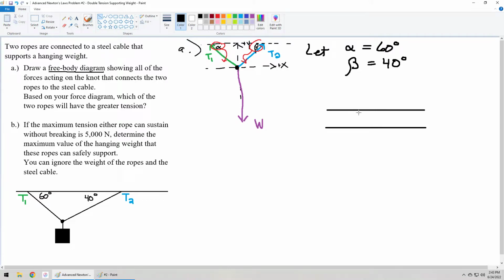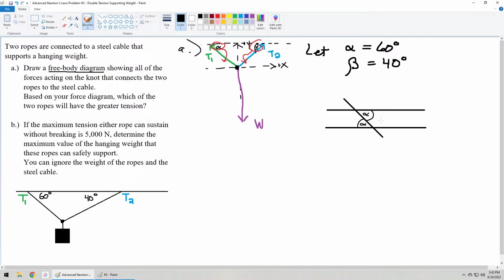If you have a pair of parallel lines and you draw a line across them, similar to the way that I've drawn the vector for T1, and I put alpha right here, there is a geometrical property that says that this angle, alpha, is the same as this angle right here.